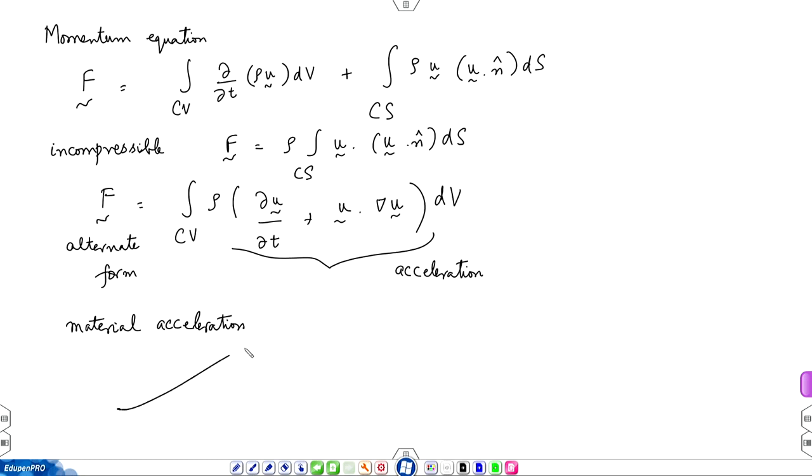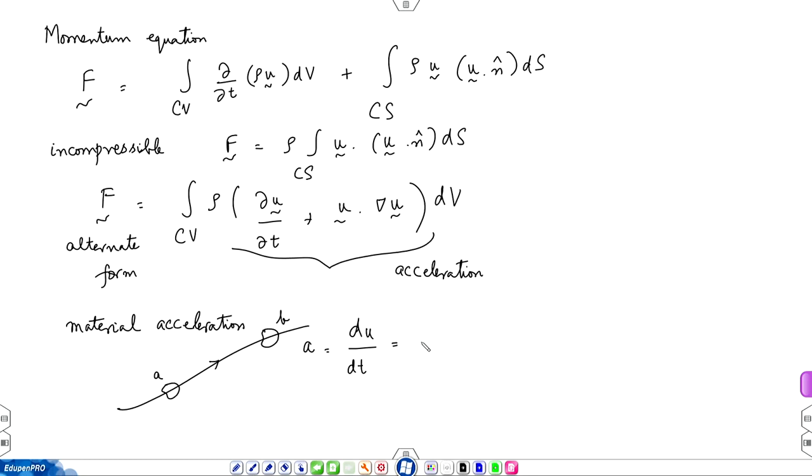So, in our flow field also, let us say this is the flow path and the particle moves from A to B. There is a particle and the acceleration of a fluid particle, that is what is defined in the conventional mechanics framework. So, we write acceleration. You can think of it as scalar acceleration or vector acceleration.